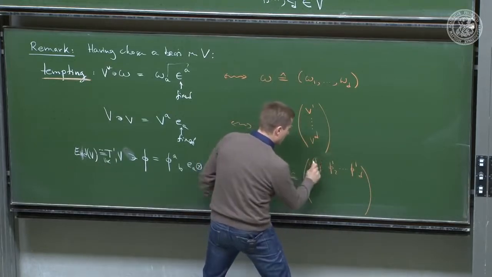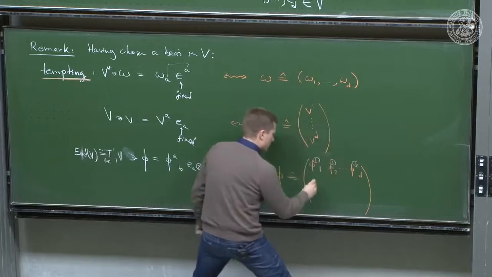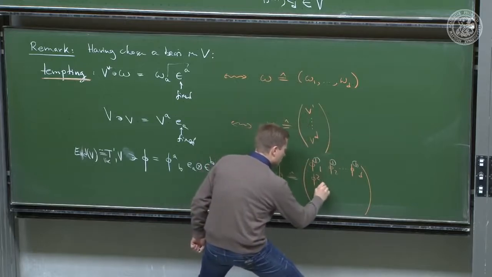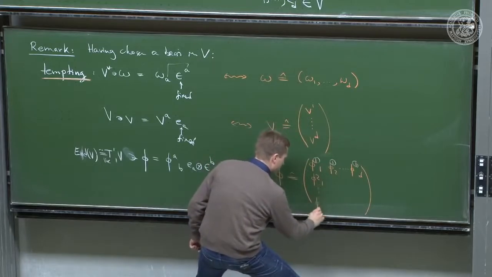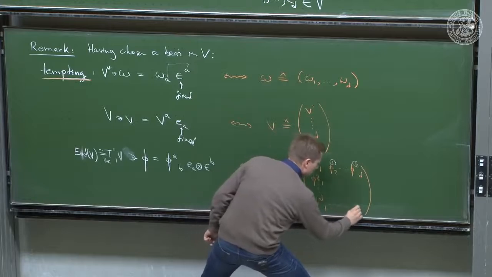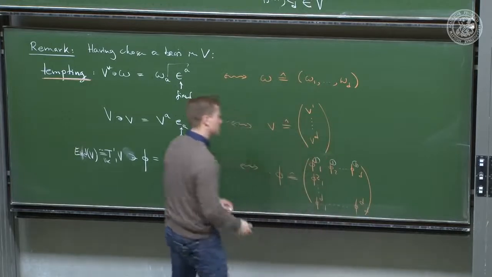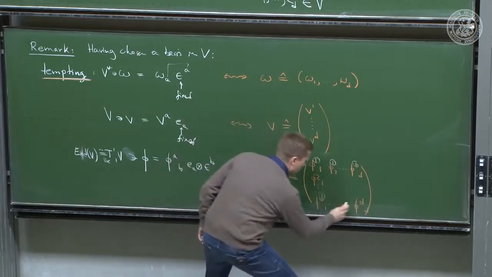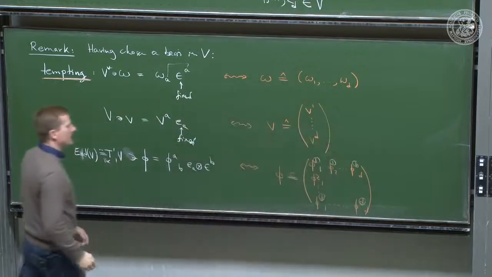So the first line always has the 1 here. And then this continues with phi 2-1 here, and so on. It goes down to phi D-1 here. It goes up to phi D-D. And so the D up is in the last line.